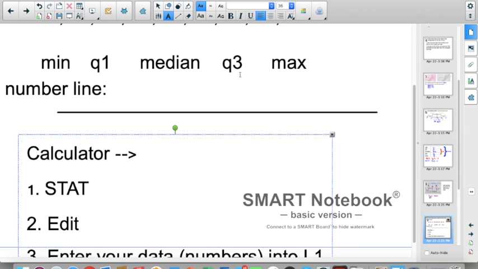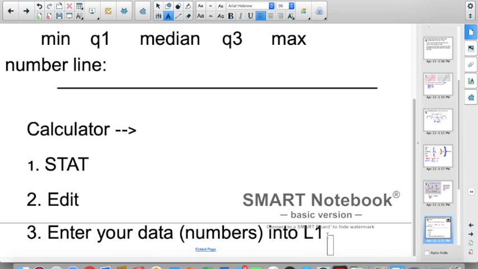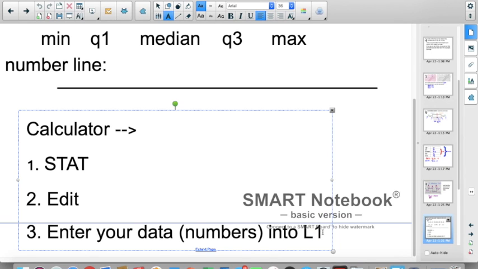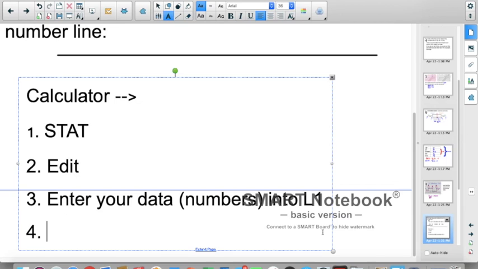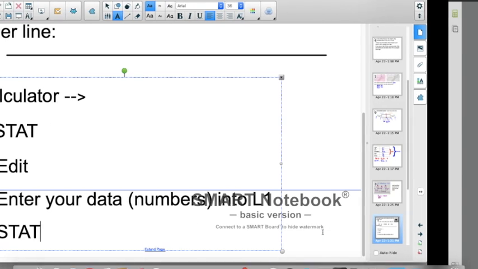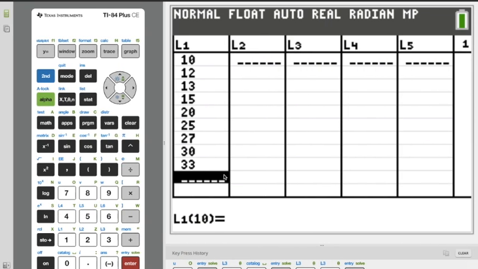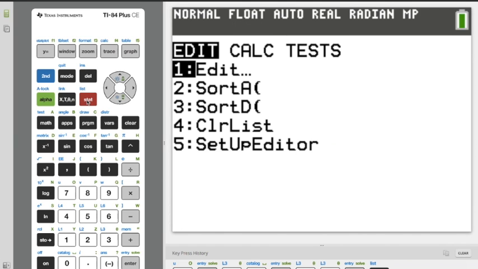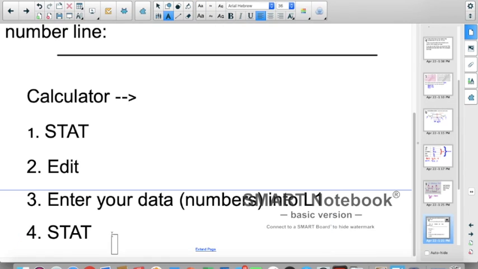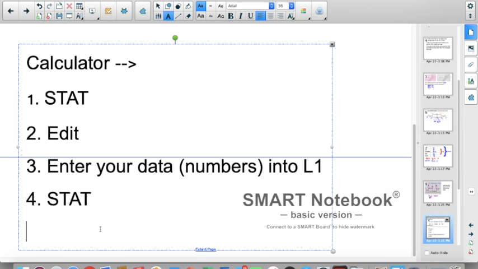Okay, awesome. So once those numbers are entered into your data set, step 4, you got to hit stat again. If I'm going too fast, pause the video. Step 5, you got to go over to calc.